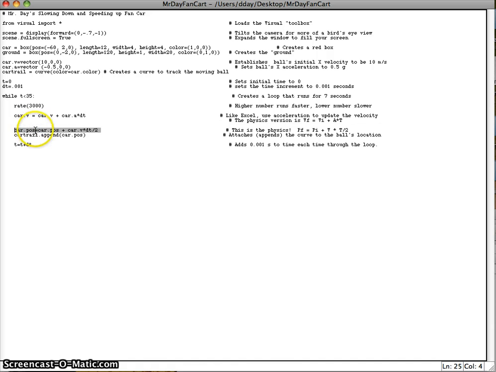This is basically position equals initial position plus final velocity times time over 2, which is the same thing as 1/2 at squared plus v naught t plus x naught. So those are our two equations.